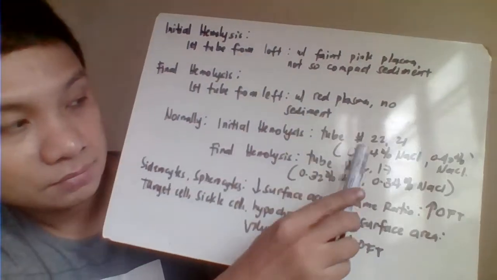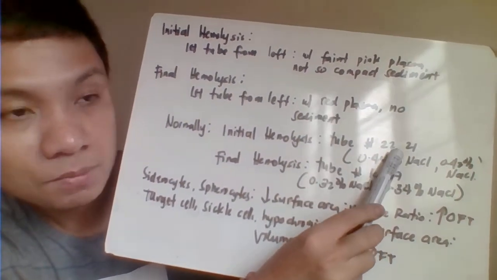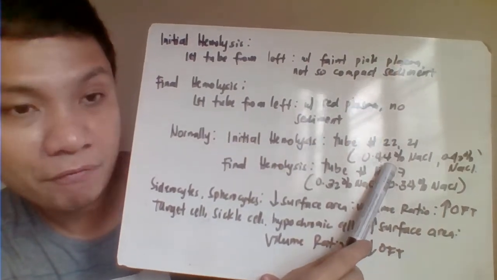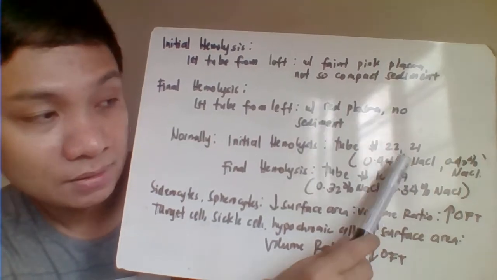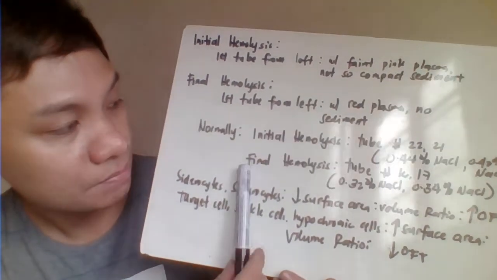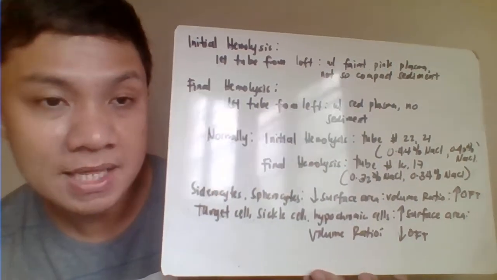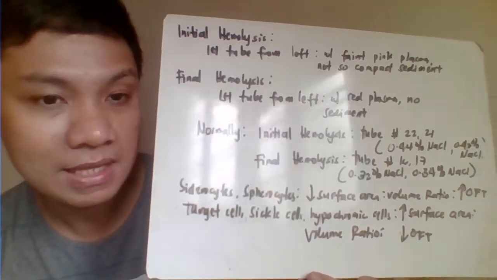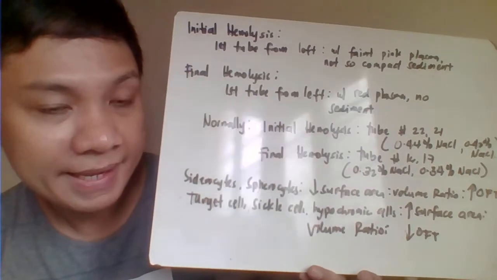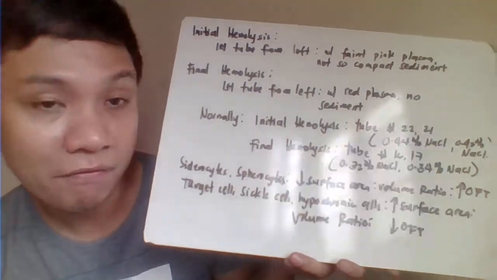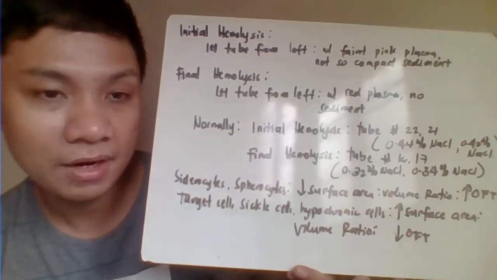For example, for tube number 22, how many percent sodium chloride is that? Multiply by 0.02, that gives you 0.44% sodium chloride. For the final hemolysis, it is usually at tube number 16 or tube number 17, equivalent to 0.32% or 0.34% sodium chloride.